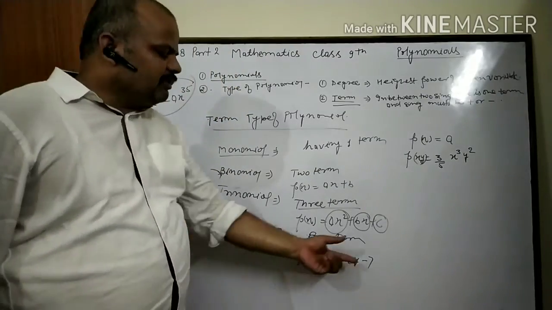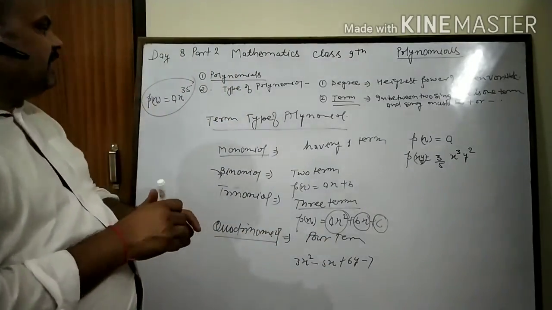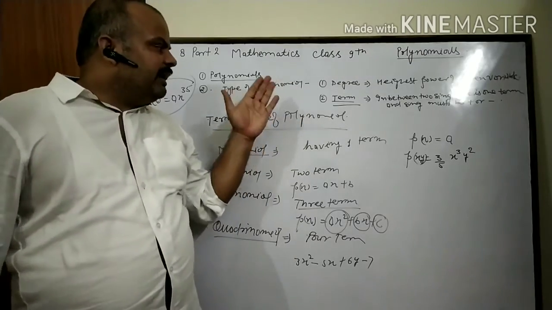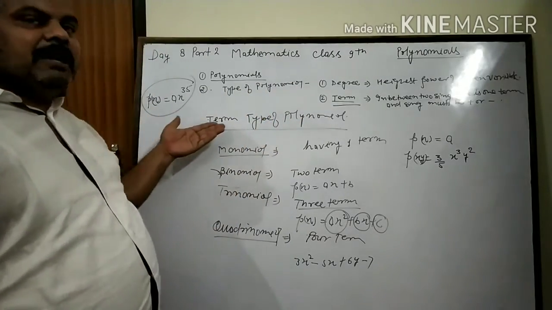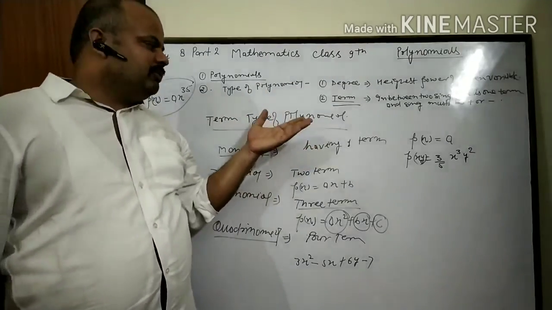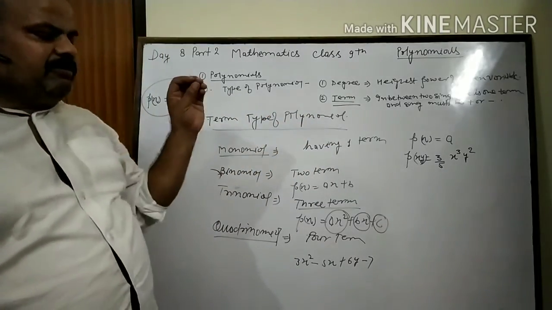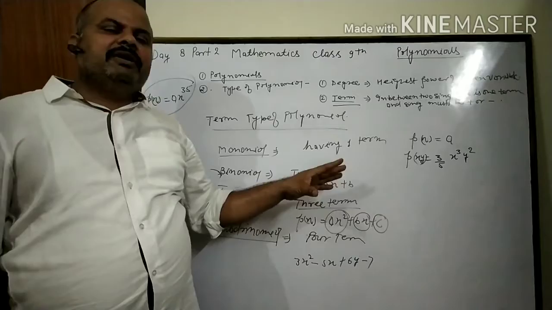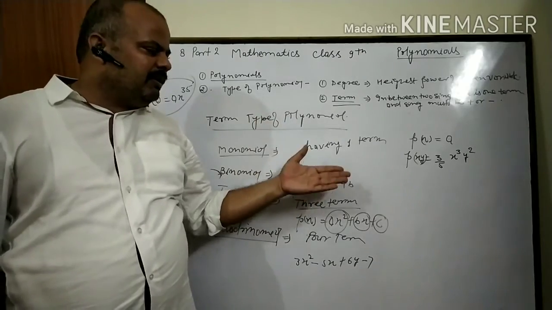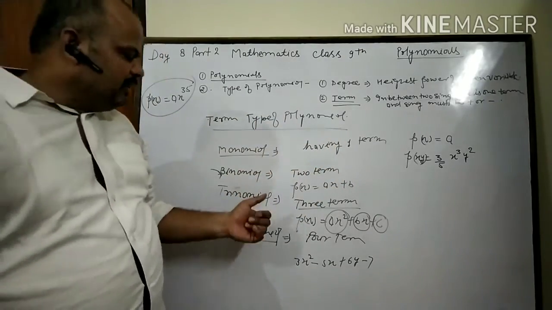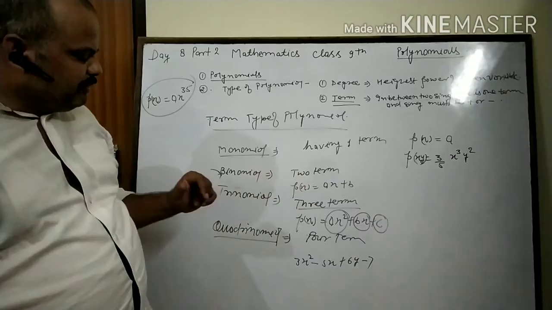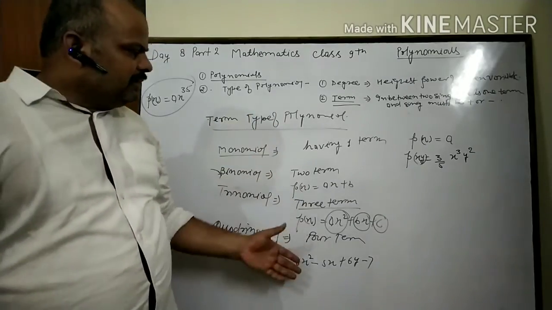Clear? It is the quadrinomial. Clear? Then after, you are able to find which type of polynomial it is and how much its degree is. If the degree and terms are given, then you are free to construct a polynomial of particular degree and terms, and then after, the term.